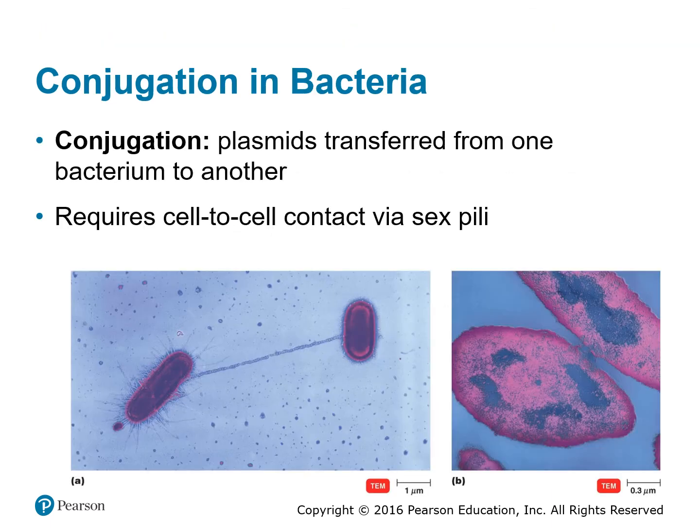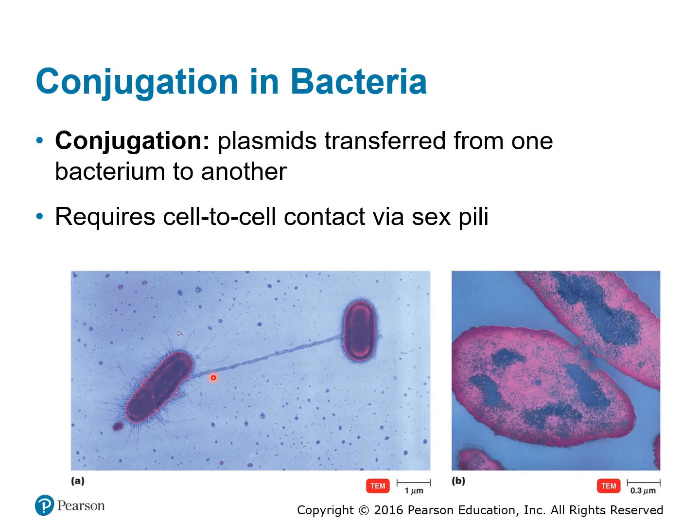This slide right here is talking about conjugation, which is a way of how bacteria can go ahead and transfer over some of their genetic information to one another. They project those sex pili right here that you see, and they can actually start transferring over their genetic information from one bacteria to the other.